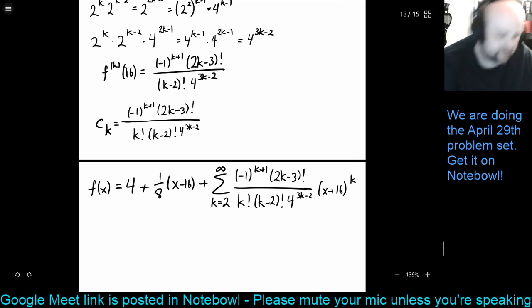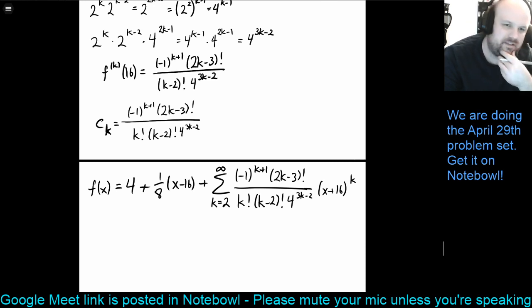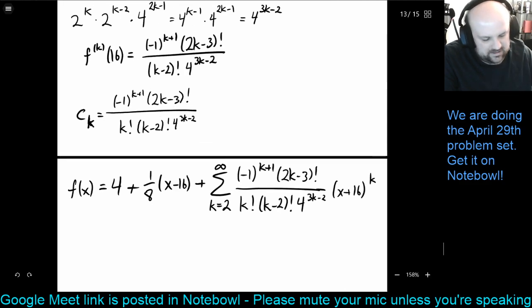I get the feeling we should have something easier than this. Maybe not. I know there's some other tricks you can do with something called the extended binomial theorem, but I don't really want to get into that.